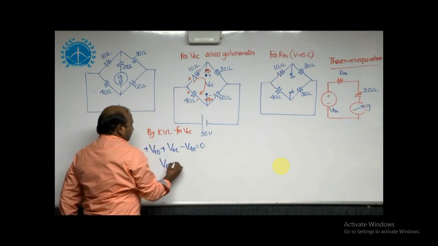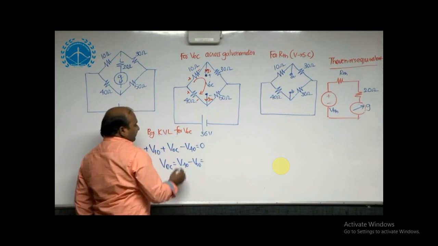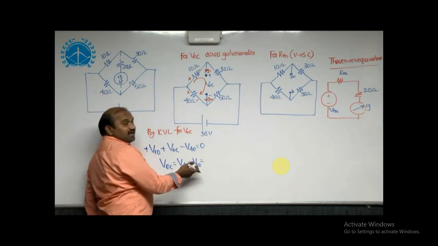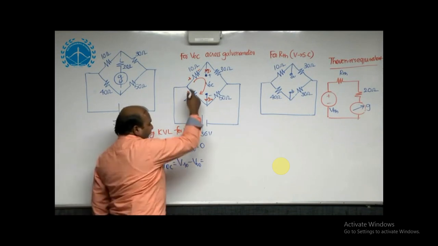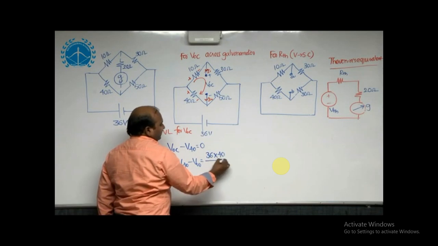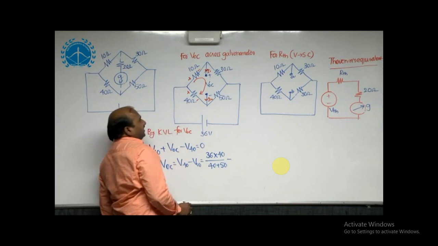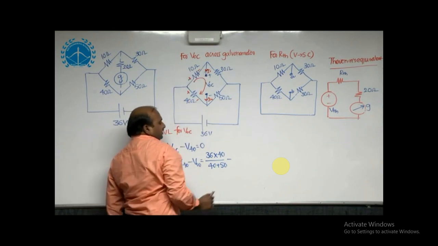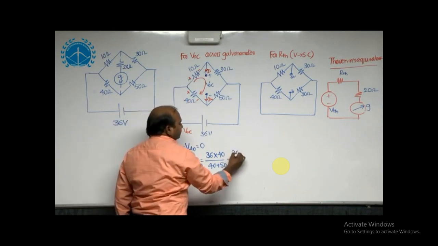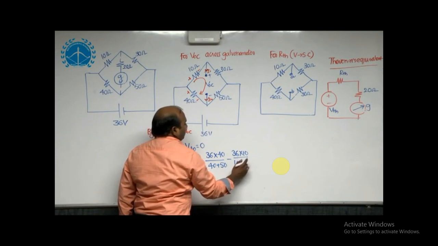VOC is equal to V40 minus V10, and by VDR I can get V40 and V10. V40 is equal to 36 into 40 by 40 plus 50, minus V10. Again across 30 and 40, by VDR, 36 into 10 by 10 plus 30.